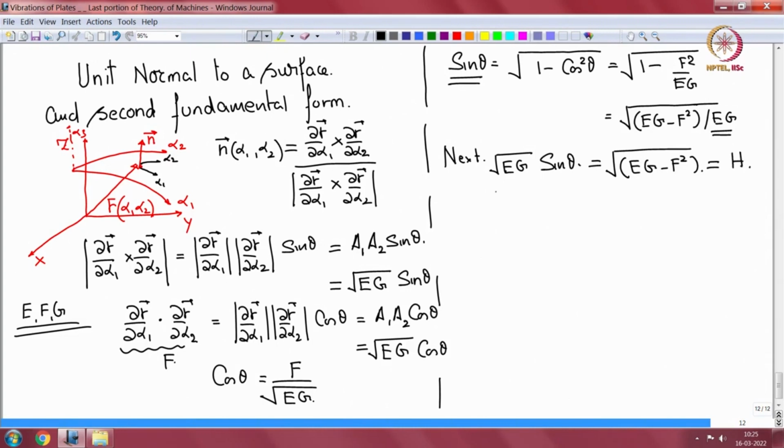Okay, so that what is it now? I have n, the unit vector, given by del r by del alpha 1 cross del r by del alpha 2 divided by h.